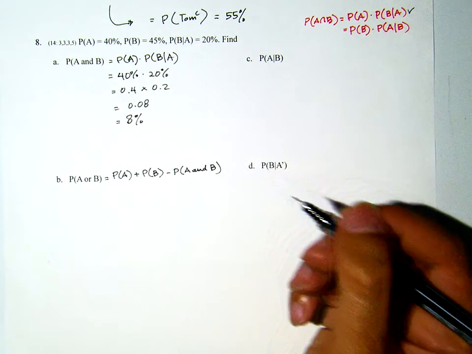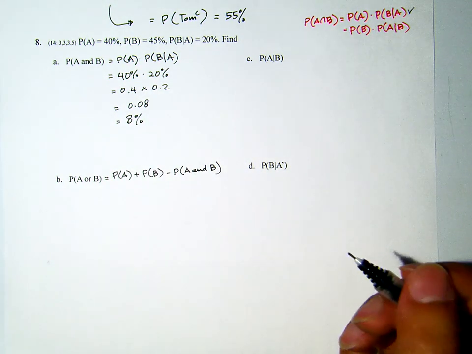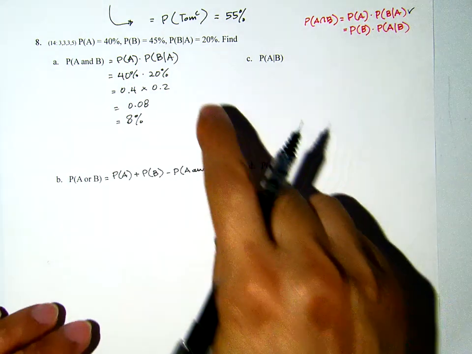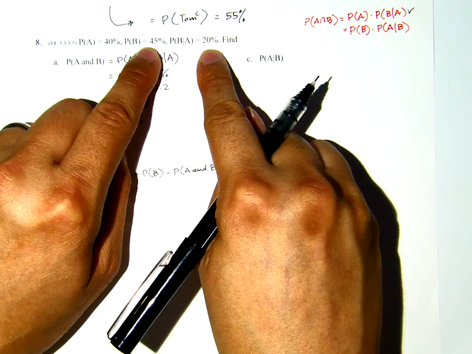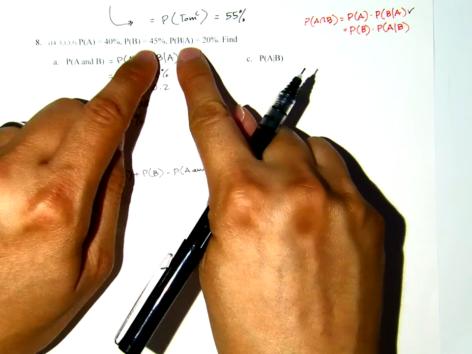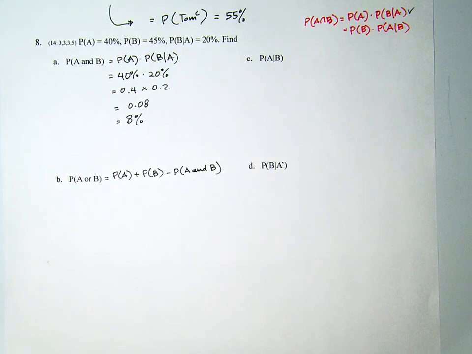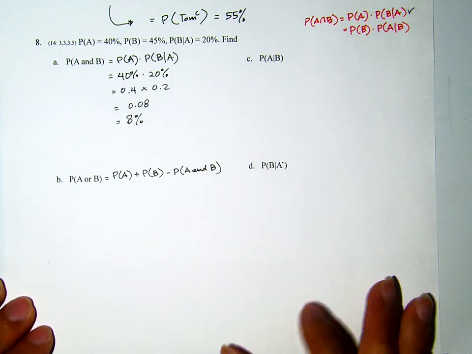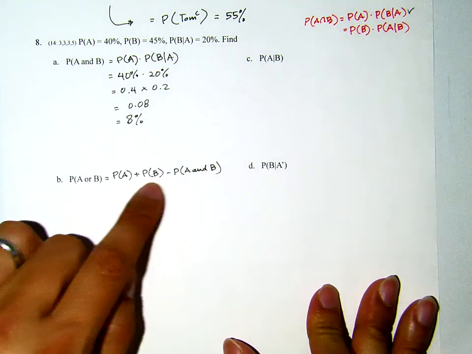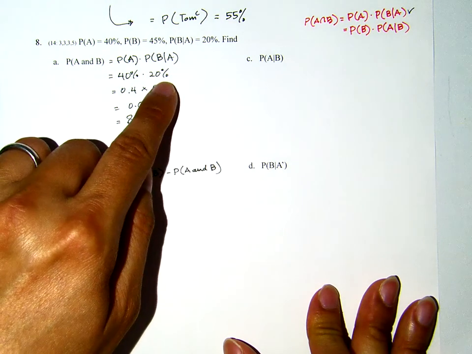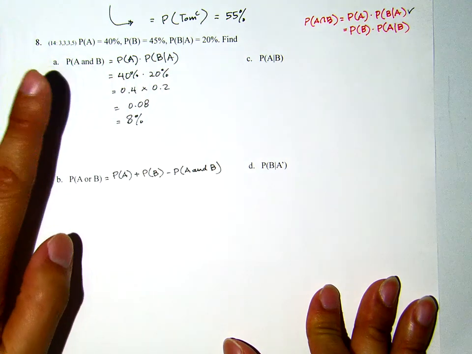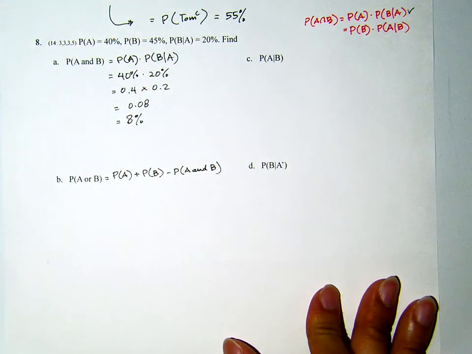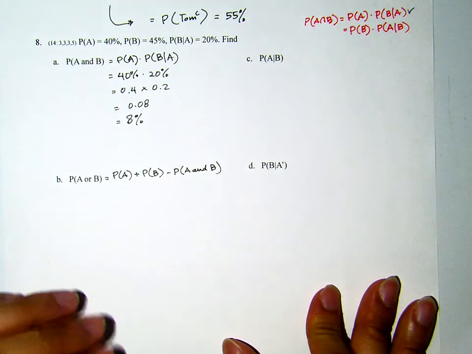Now, please be aware that these two events, A and B, are not independent. At least you know that right away, because the conditional probability is different from the regular probability. I have students who, when they work on this one, disregard the given A. They just say probability of A times probability of B. That is only true if A and B are two independent events, which, as I said earlier, it is not.